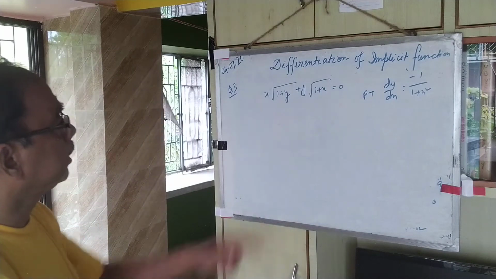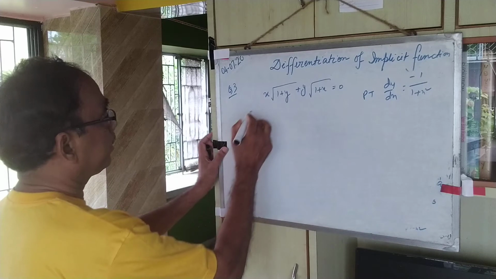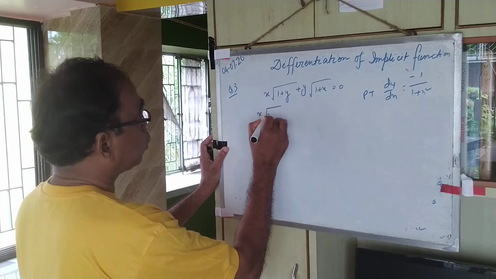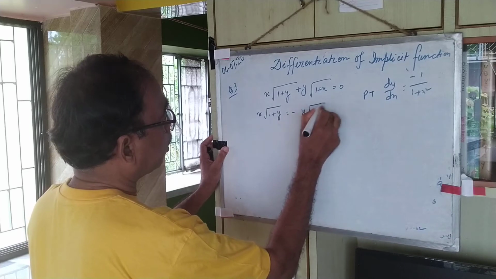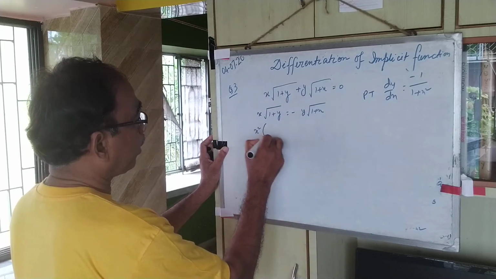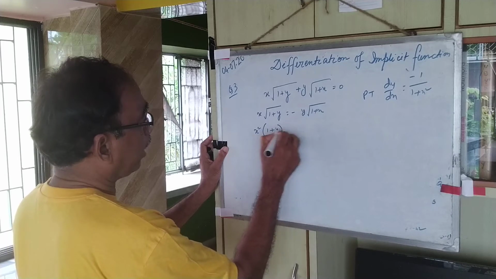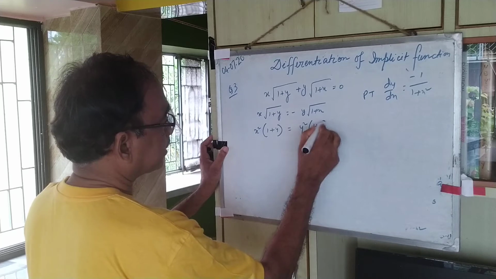In this case, we have to transfer this right hand side. That is x root over 1 plus y equals minus y root over 1 plus x. Now squaring both sides, that is x square into 1 plus y equals y square into 1 plus x.